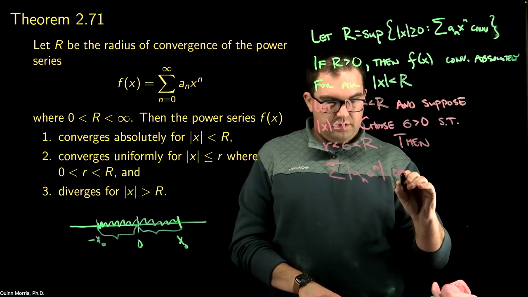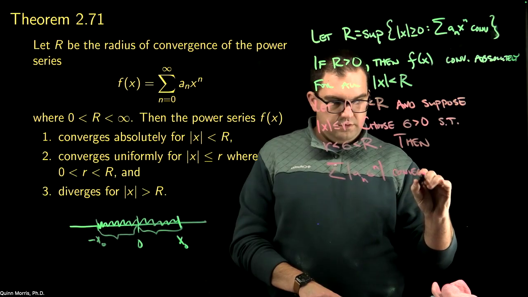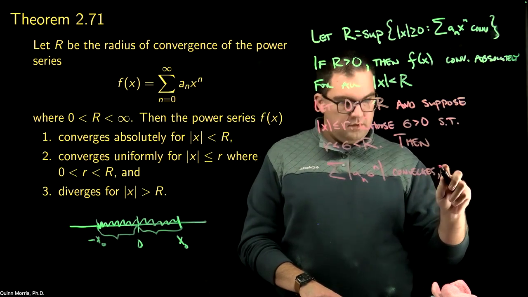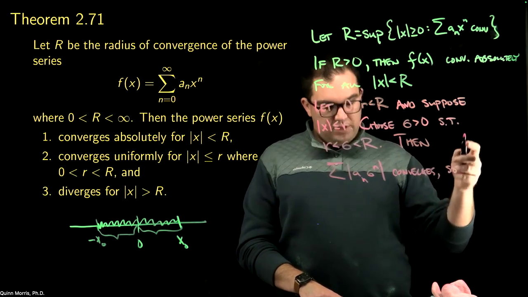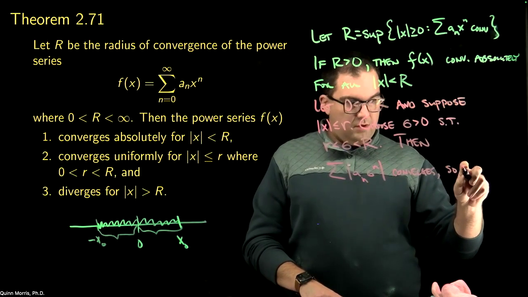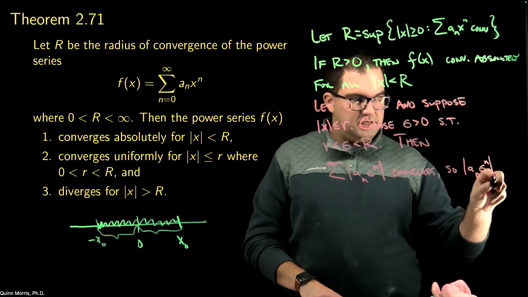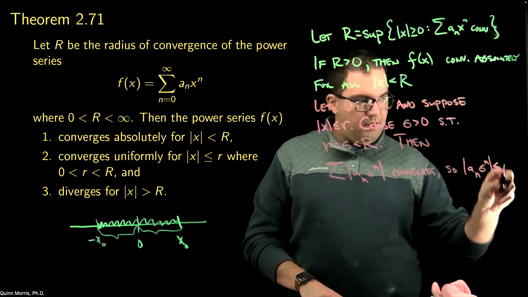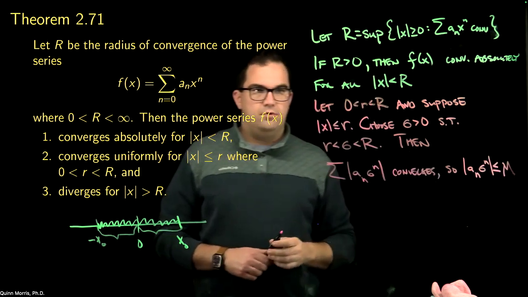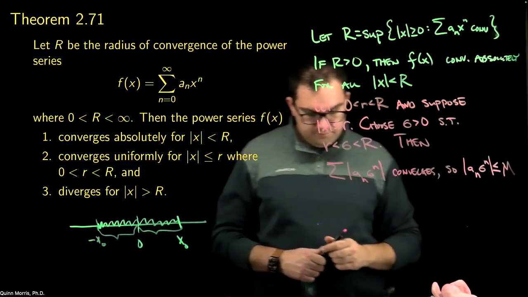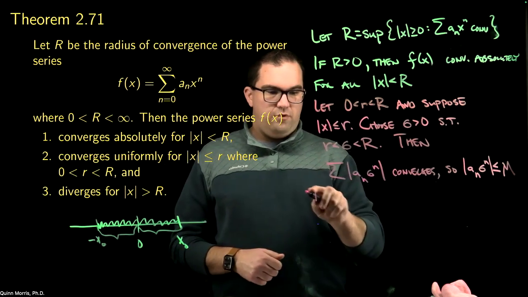And so similar to the argument we made before, we know that a sub n times sigma to the n has to be bounded above by capital M.